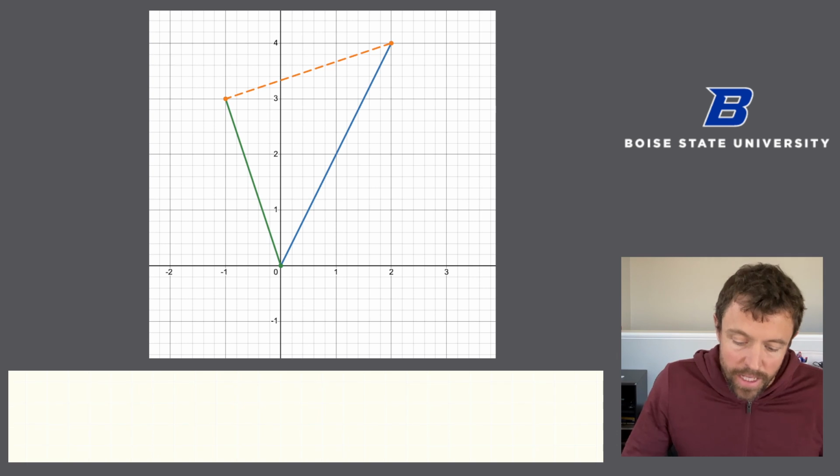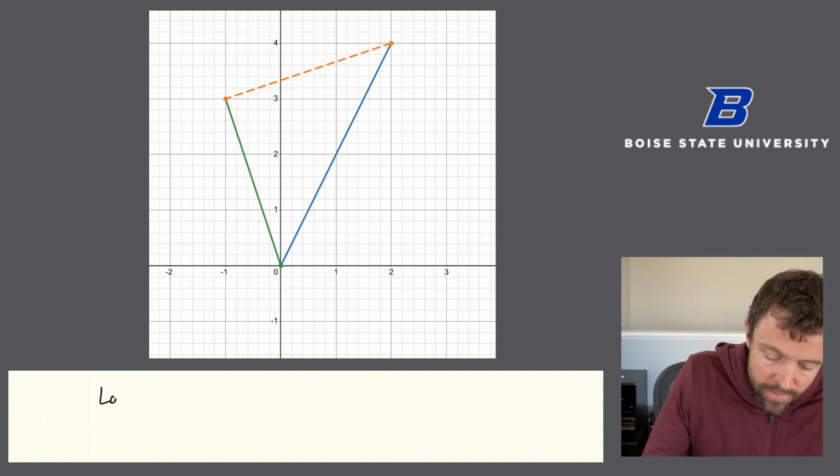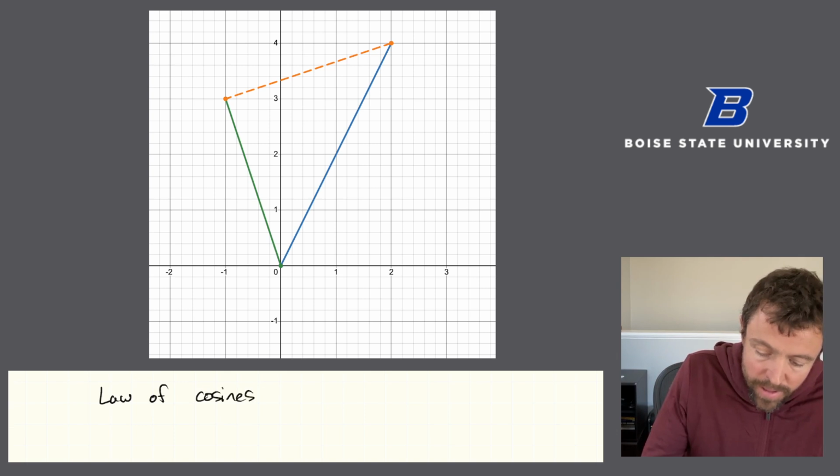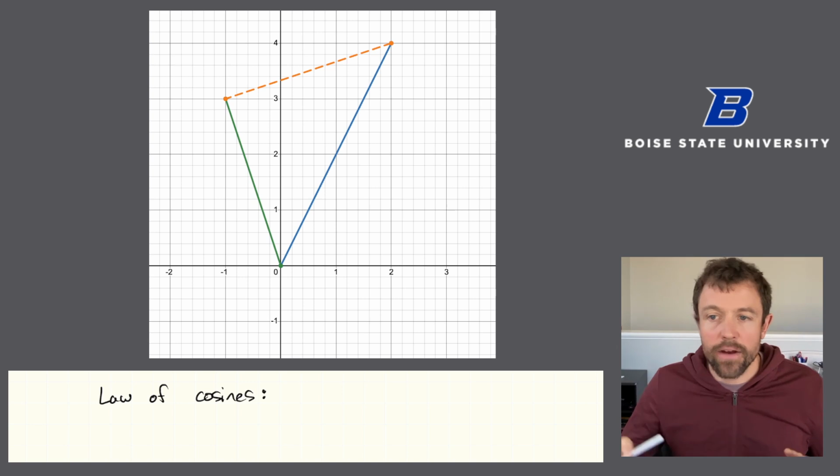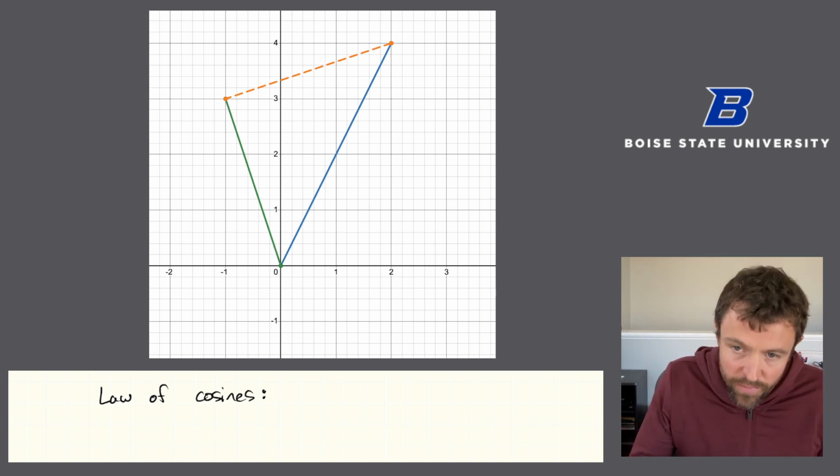So the law of cosines, you may or may not remember having seen this. I guarantee you've seen it at some point in your life, even if you don't remember it.